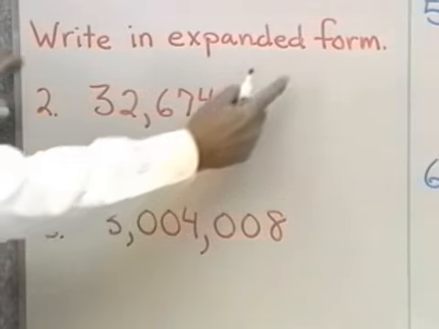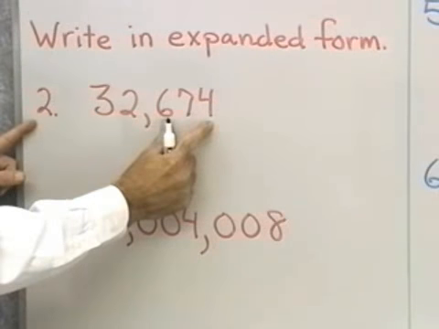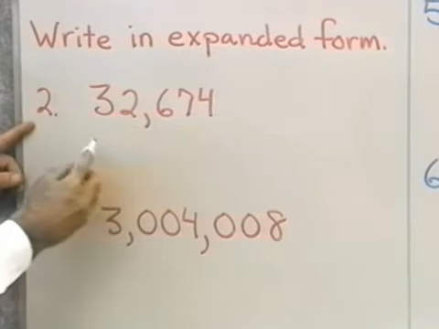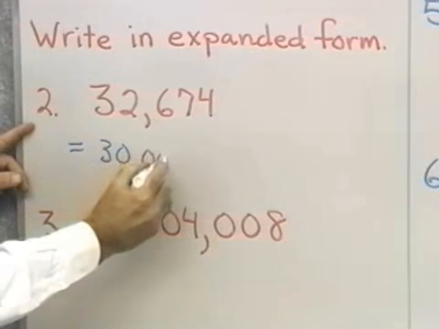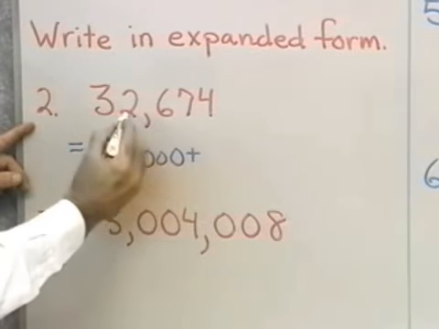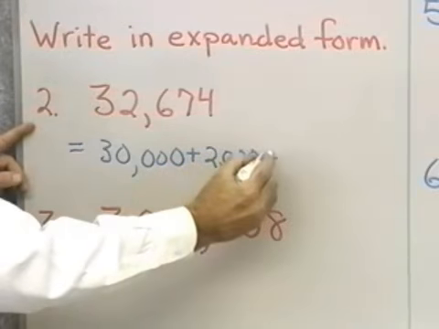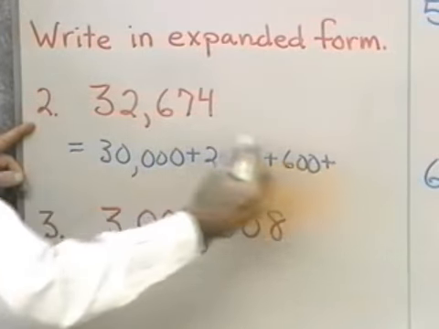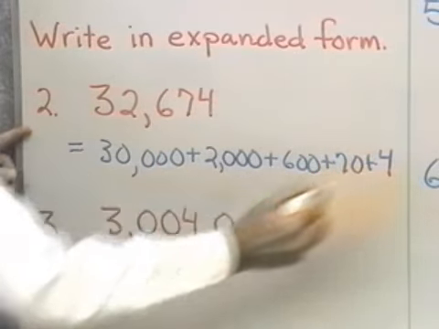All right, let's take a look at our next problem. I've written here, write an expanded form, and first I have the number 32,674. So I'm going to use that idea of place value to write this in expanded form this way. I have 30,000 plus 2,000 plus 600 plus 70 plus 4.